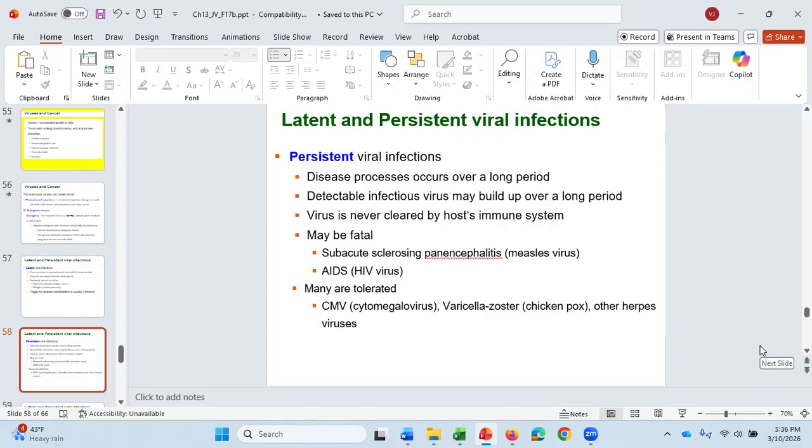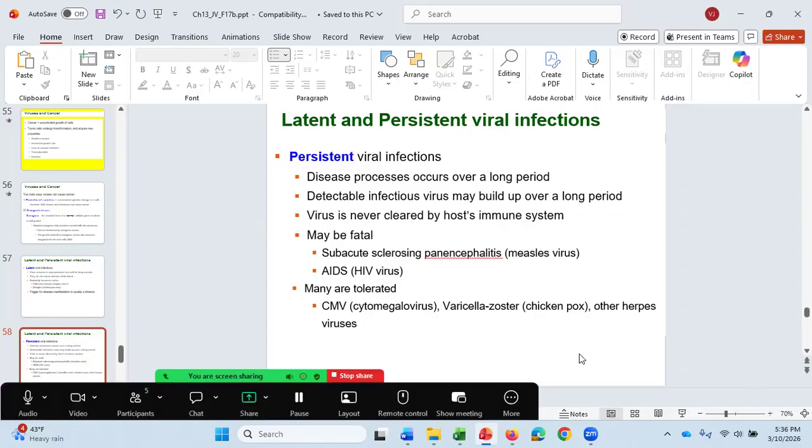And it's a naked virus, but it leaves the cell in a vesicle, meaning the virus is encapsulated in a vesicle inside the cell, and then the vesicle fuses with the cell membrane, releasing the virus outside the cell. And that's a persistent viral infection.